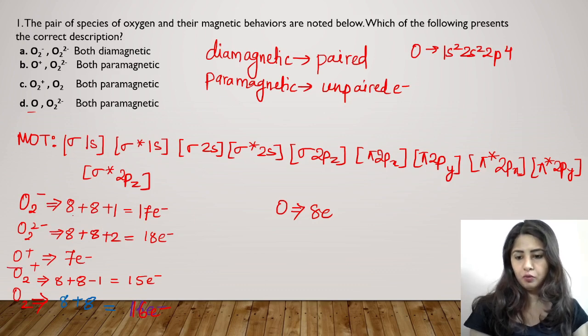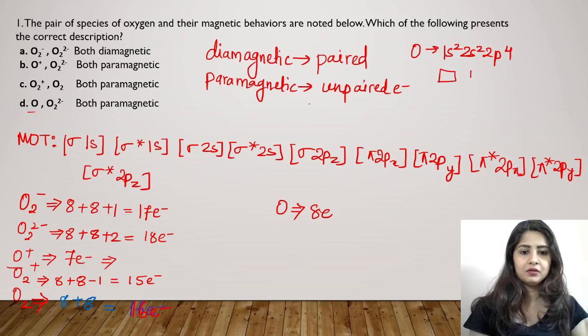So for O plus and O, we can simply find out if they are paramagnetic or diamagnetic. So in oxygen, you have 1s, 2s and 2p4, right? So you have the 1s orbital, the 2s orbital and the 2p orbital.